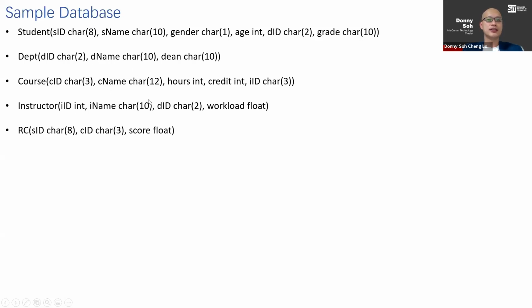So this is the sample database that we are going to look at for today. During the course of today's lesson, we will be looking at MySQL, and we'll be executing queries on that database.